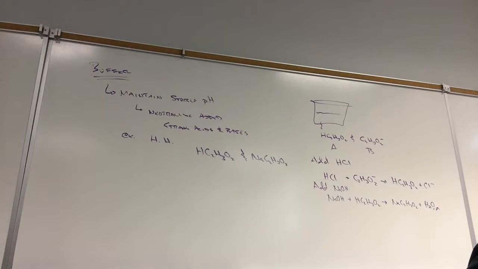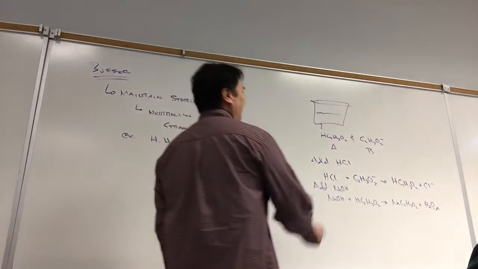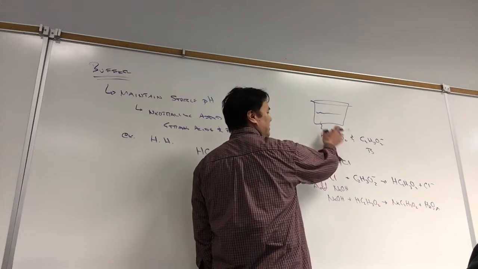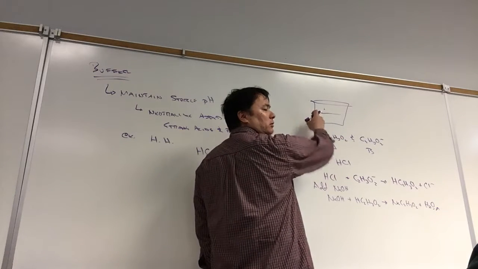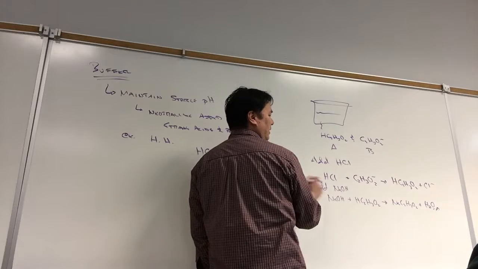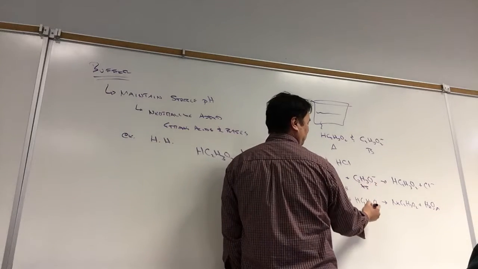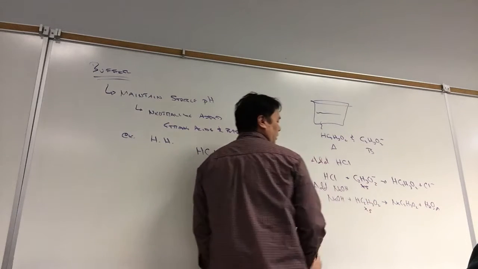Okay, so why is there a limit to such a buffer? Like when we added too much hydrochloric acid, why do we kill the buffer? You kill the buffer because you only have a certain number of moles of acid in there. And so we need this to be in excess.